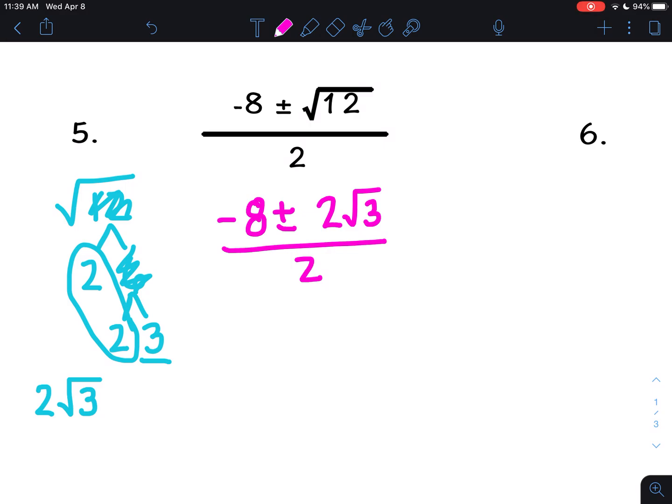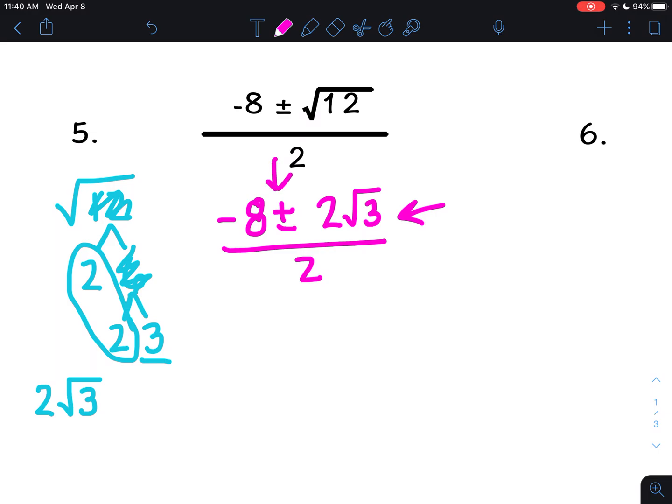All right. So now we need to simplify. First of all, there is nothing you can do on the top in terms of the -8 and the 2 radical 3. 2 radical 3 is saying 2 times the square root of 3. This operation here is plus or minus.